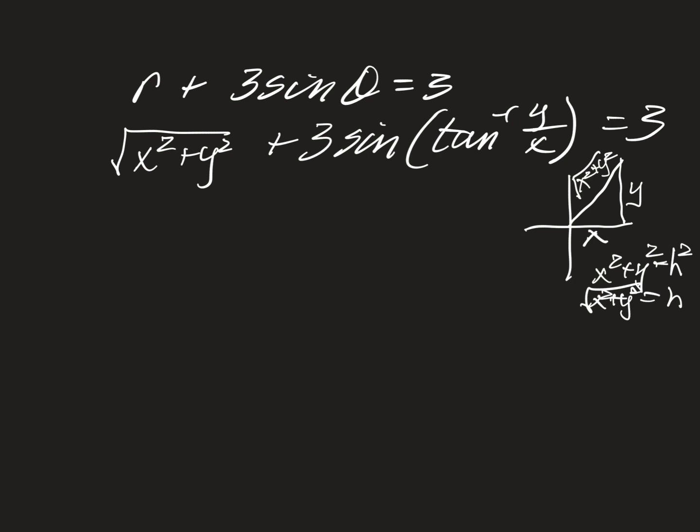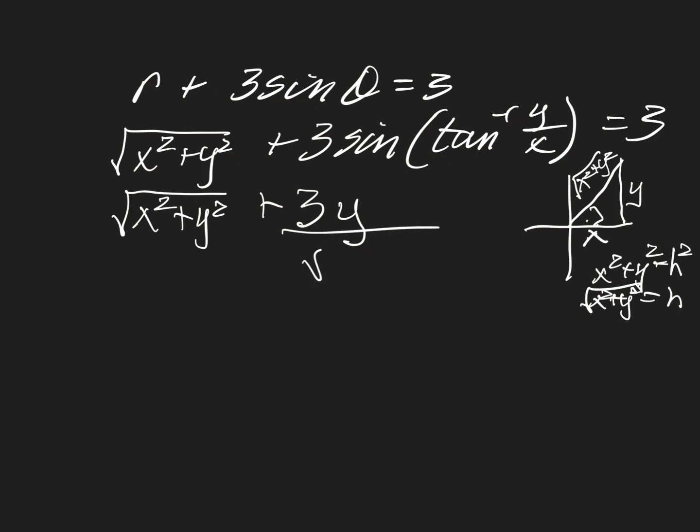So the sine of this angle, theta, the inverse tangent of y over x, is the opposite over the hypotenuse. So this equation now becomes the square root of x squared plus y squared plus 3, and then the opposite is y, over the square root of x squared plus y squared, equals 3.